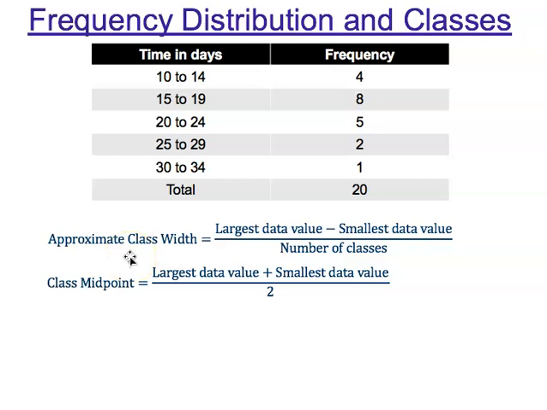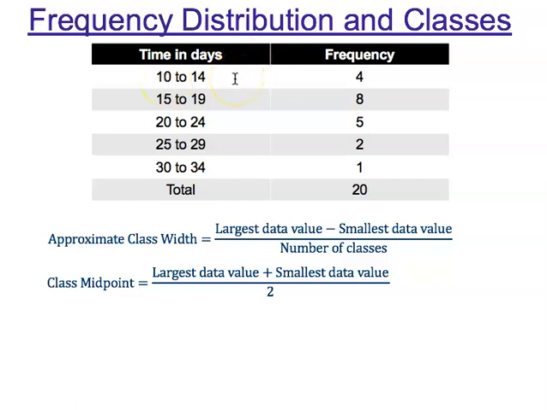What if he says, as is the case, that he wants 1, 2, 3, 4, 5 classes? Well, he would take 34 minus 10, which is 24, divided by 5. Now, the closest number you can get is going to be 25 divided by 5, and that's a class width of approximately 5. And that's what we have. Notice that time in days for the first class is 10, 11, 12, 13, 14.